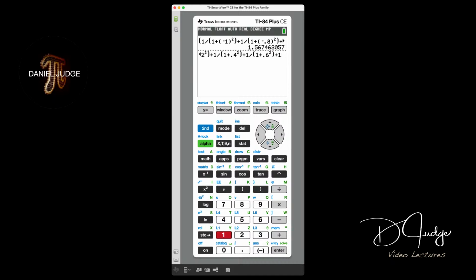Plus 1 divided by, parentheses, 1 plus 0.8 squared. Close this, and we're going to end with the last one. Plus 1 divided by, parentheses, 1 plus 1 squared, and close this. Now you close it twice because you got to multiply by the delta x, which is 0.2 in this case.